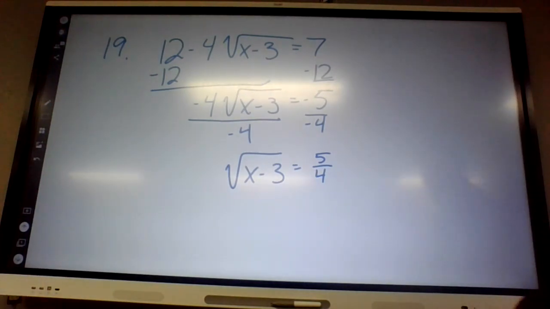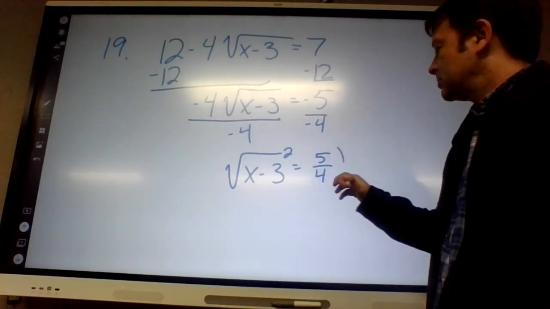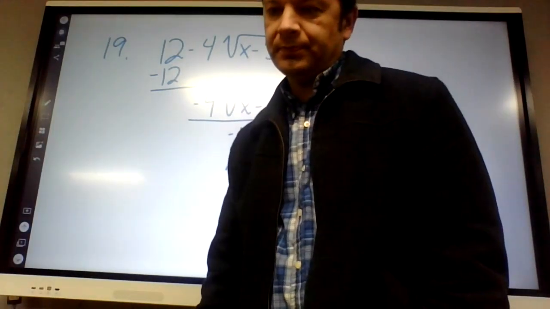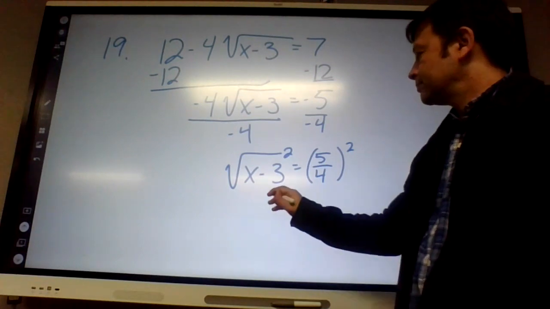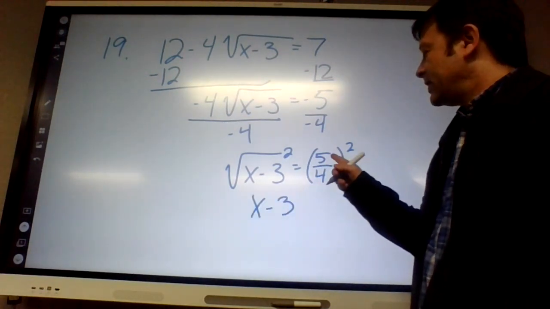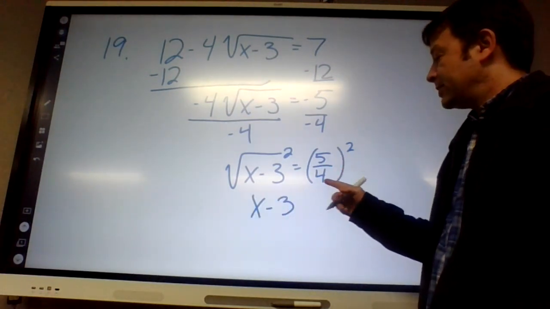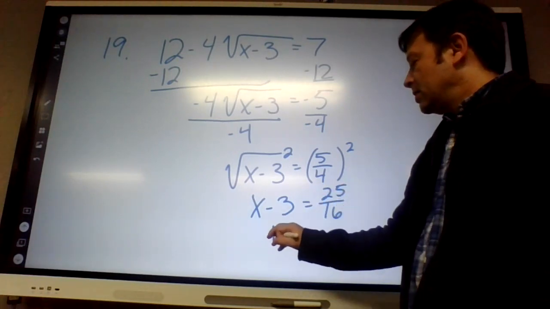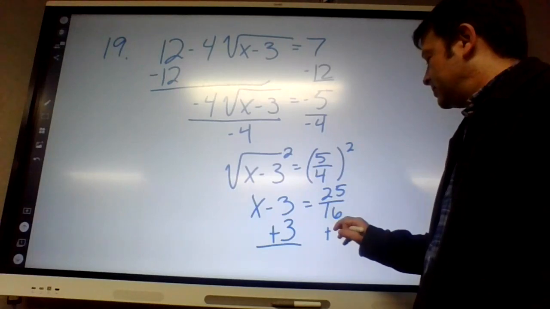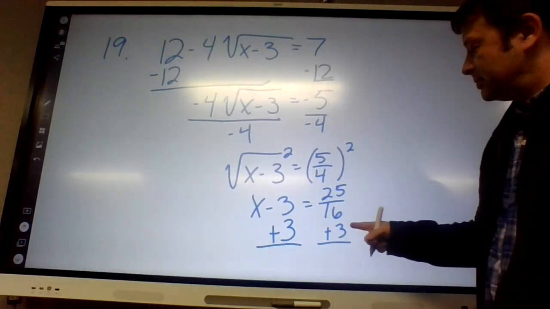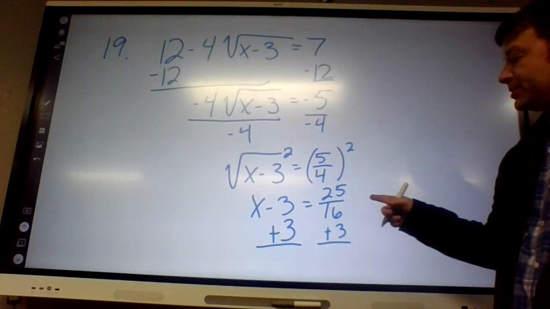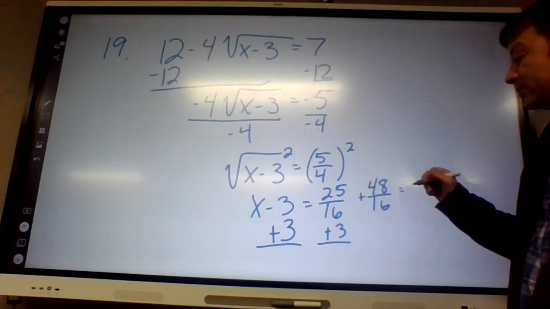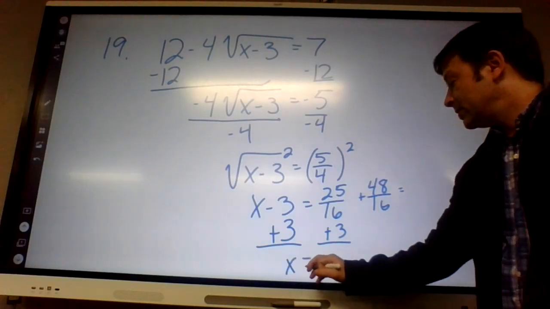Then you square both of them. And then you get 25 over 16. 5 times 5, 25, 4 times 4, 16. And you add 3. 3 over 1 times 16 is 48 over 16, so you can do that too, if we're doing it by hand.